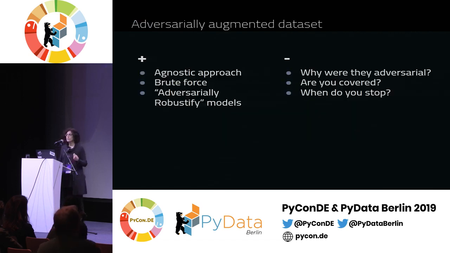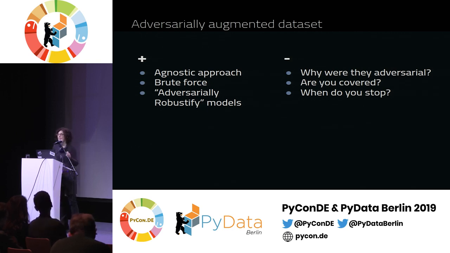Now, this has the advantage that you don't need to really ask why the adversarial examples are happening. You can just go about it in brute force. You're giving your model a ton of adversarial examples so that it trains, and at least it can learn from them. But the problem is, how are you sure that you've got everything covered? You don't. You just don't. You don't know when to stop, and you can't know when to put your model in production.